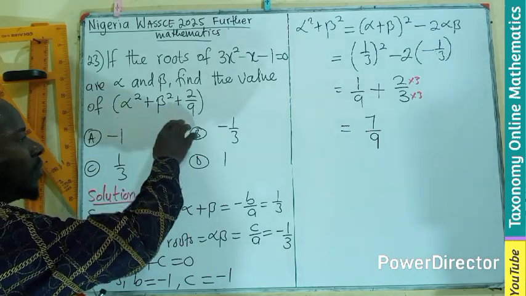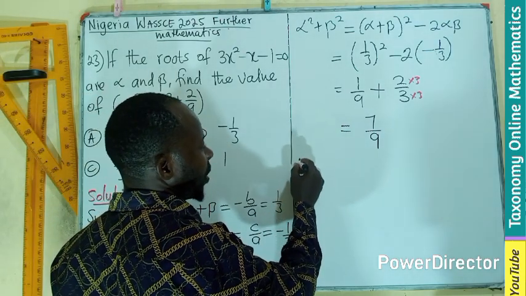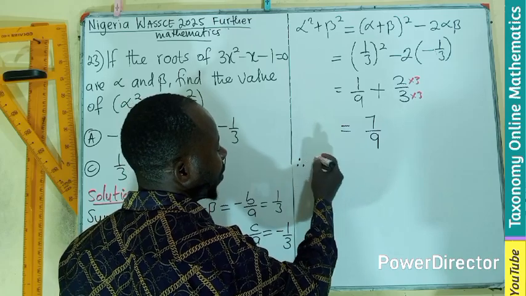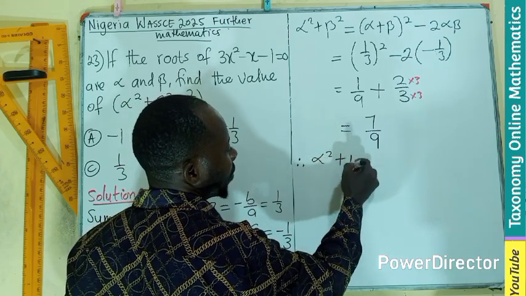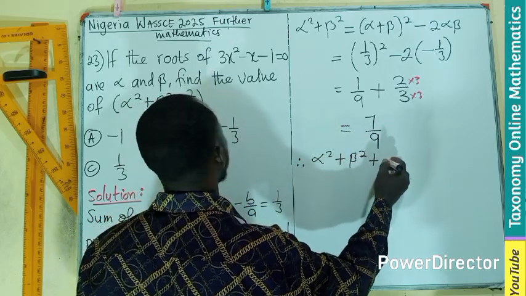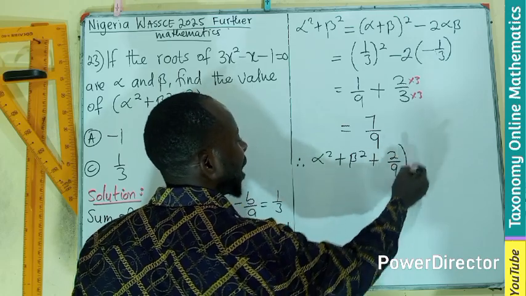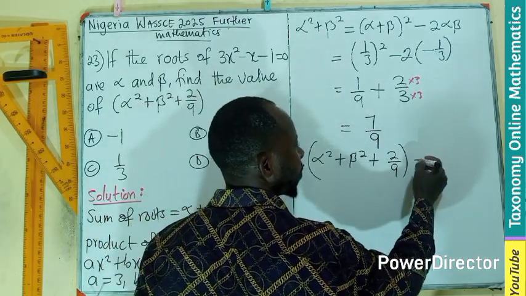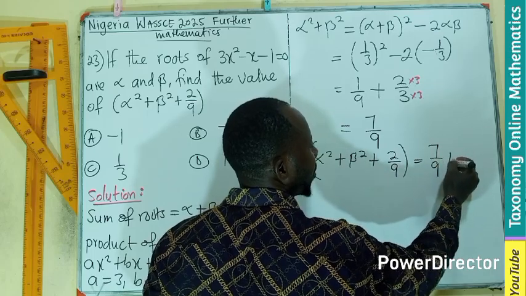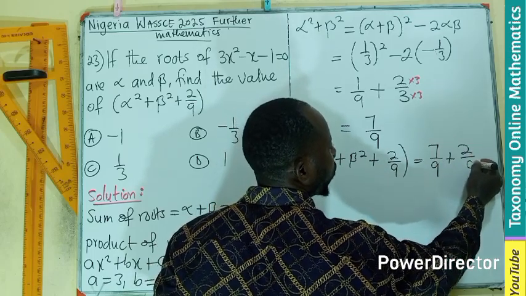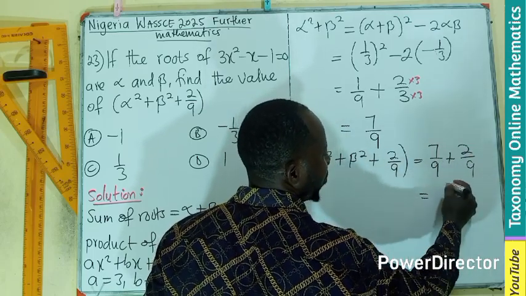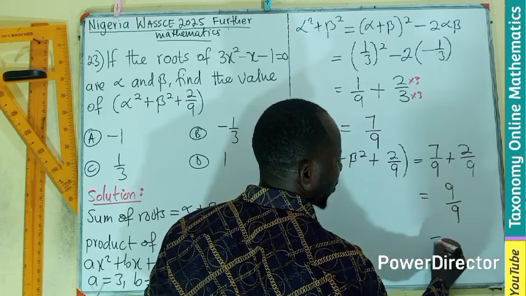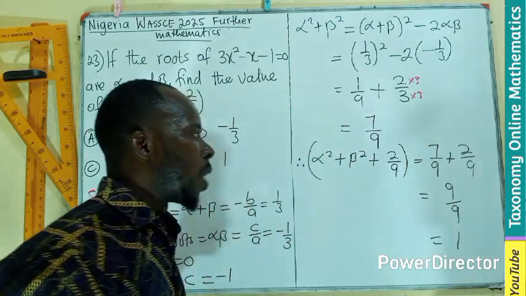To find all of them together, if I am looking for alpha squared plus beta squared plus 2 on 9, that means this value is 7 on 9 plus 2 on 9, and that will be 9 on 9, which is equal to 1.